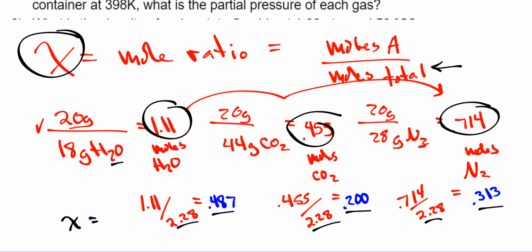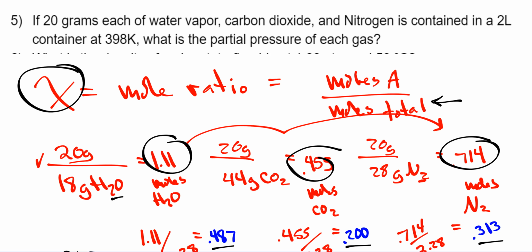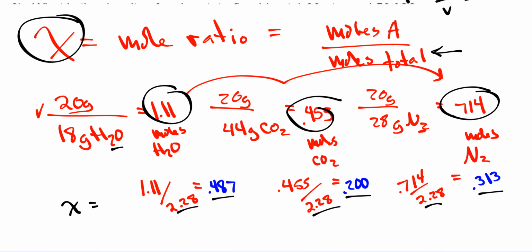All right, now what we need to do is now find the total pressure. And PV equals nRT, we rearrange that. P is equal to nRT over V. Now I'm running low on space, but I'm going to cram all this in. Hopefully it looks okay. So the pressure, I need the total moles, which was this 2.28 that I already calculated.